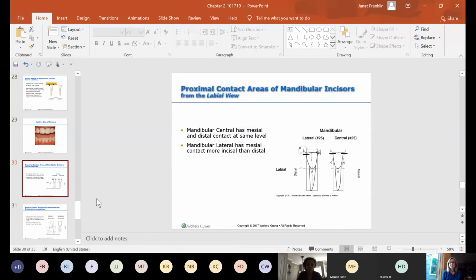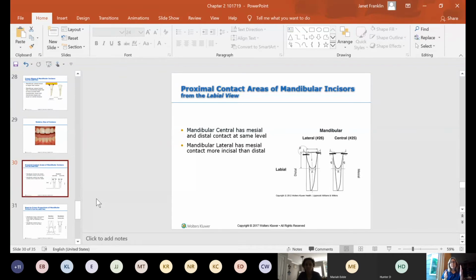Your contact points on your mandibular centrals, the mesial and the distal, are at the same level. So again, you're going to slice the tooth in half and have mirror images of each other, so the contact points are going to be in the exact same spot. The mandibular lateral has a mesial contact that is more incisal than the distal.